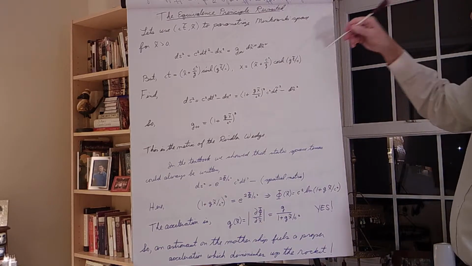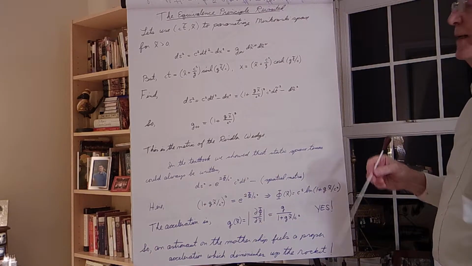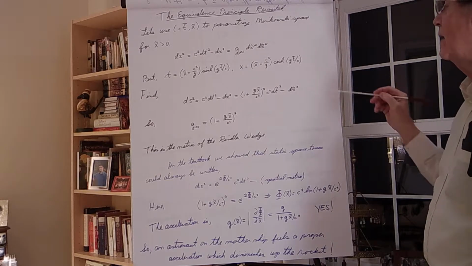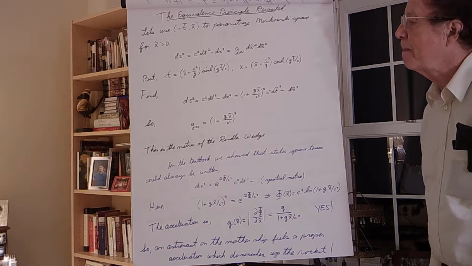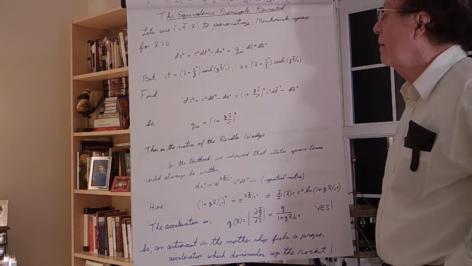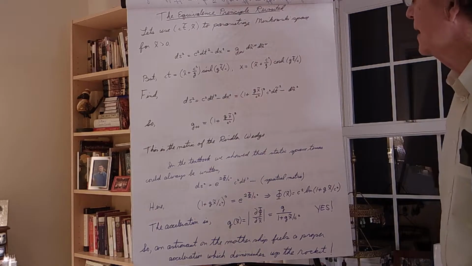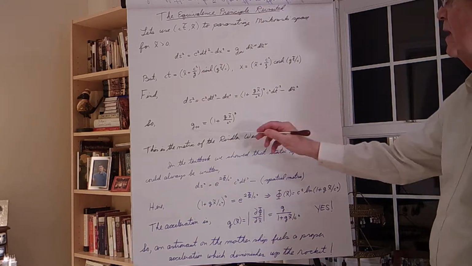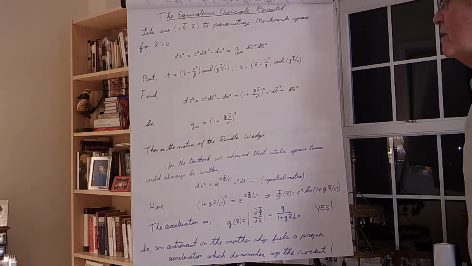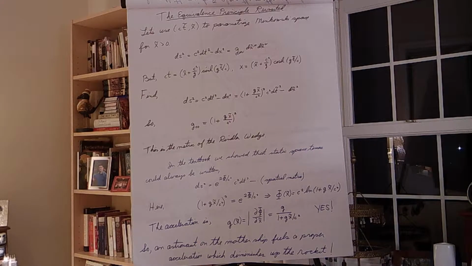I've suppressed dy and dz, but they could be here as well, and they would just be Euclidean. The only place I find a modification of the Euclidean metric is in g00, and here it is. This is the metric of the Rindler wedge.